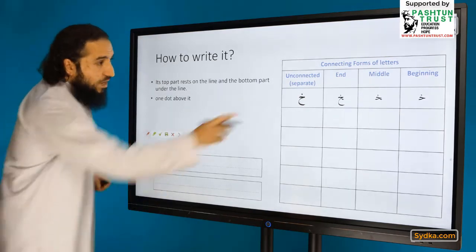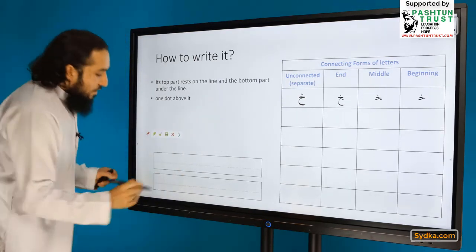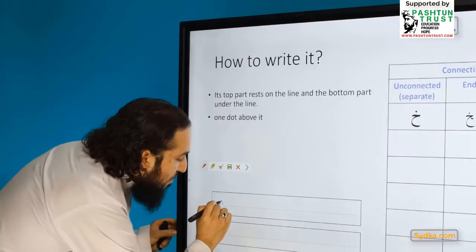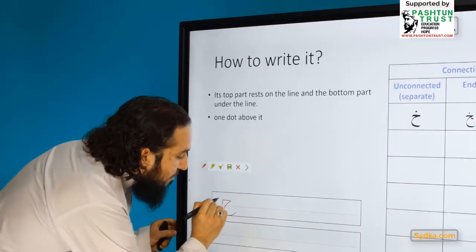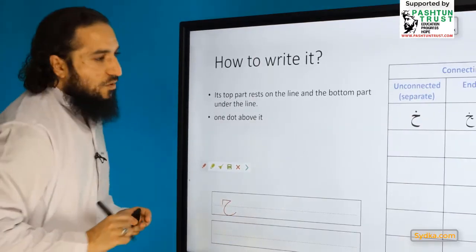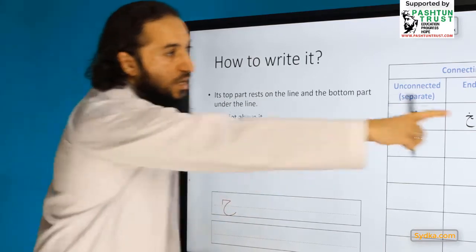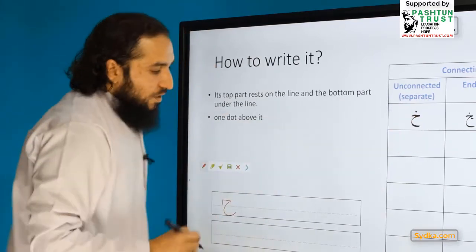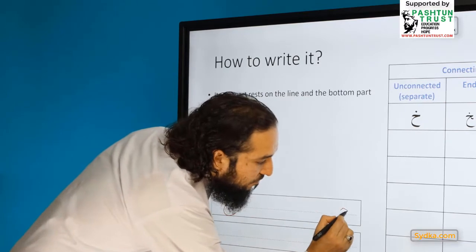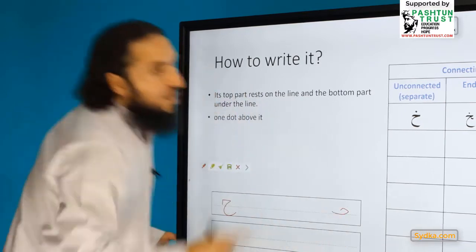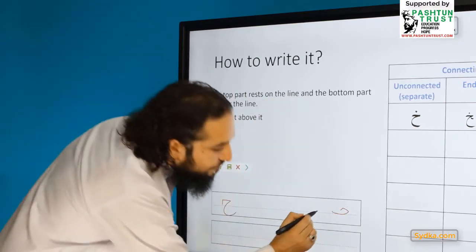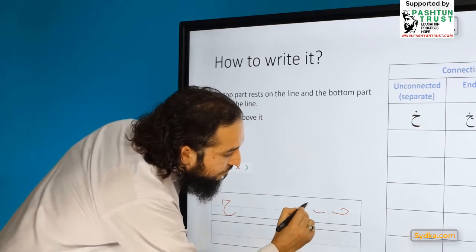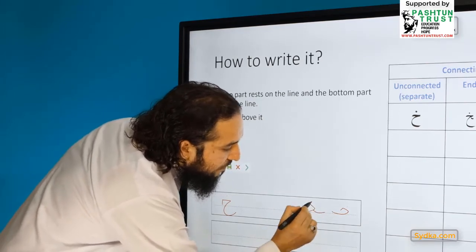If it's written separately on its own, okay, with 1 dot on top. That's how it's written on its own. If it is written at the beginning of a word, it's written like this. If it is written in the middle, okay.